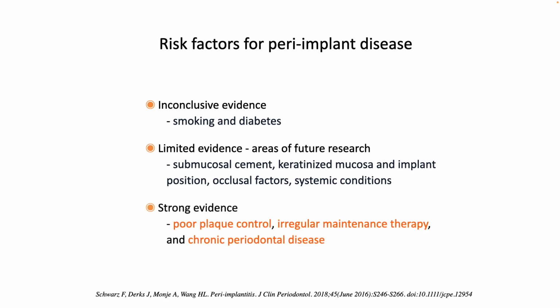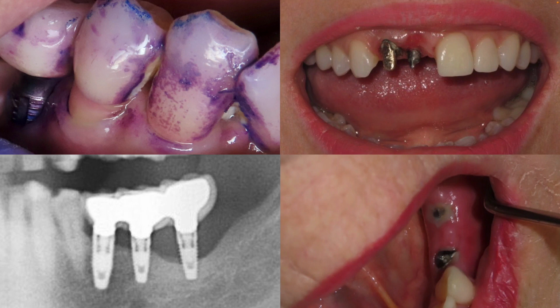But there's certainly strong evidence for poor plaque control, irregular maintenance therapy, and a past history of chronic periodontal disease. So anyone that has placed implants for a long period of time will have cases like this, where we'll see bone loss around implants, where we'll see redness, swelling, poor plaque control. So it's all about how to try and pick this up as early as possible.